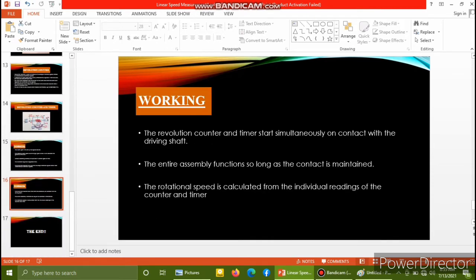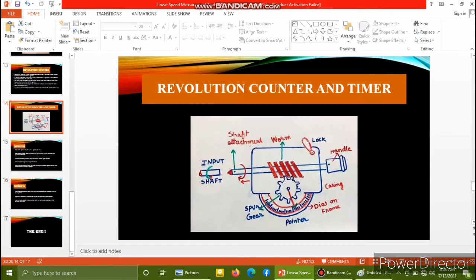The revolution counter and timer start simultaneously on contact with the driving shaft. Like what I said earlier, once the shaft starts rotating, it is inserted into the shaft attachment of the mechanical tachometer.